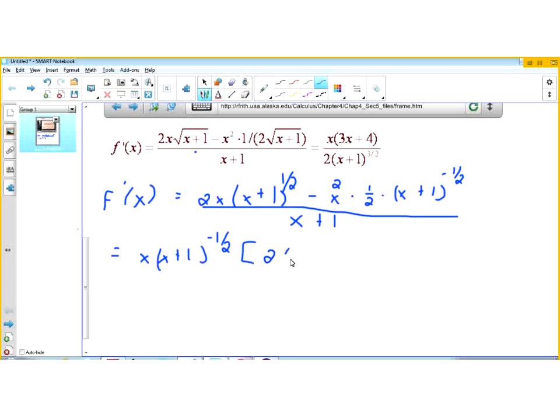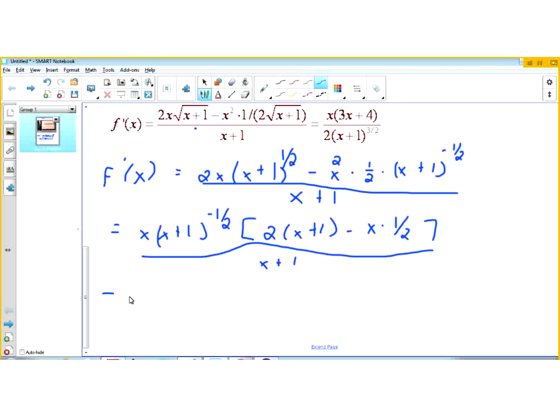So this would be times 2 times x plus 1, because x plus 1 times x plus 1 to the negative 1/2 is x plus 1 to the 1/2. Minus an x times 1/2, and we factored that out, all over this. You see how that works?